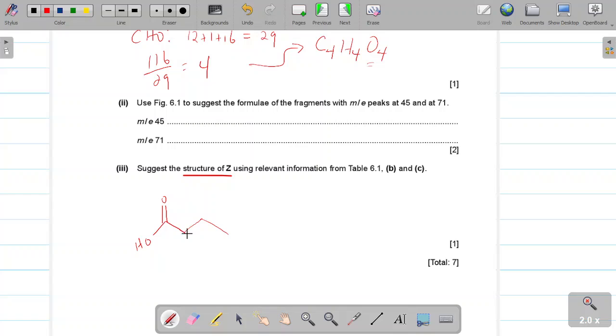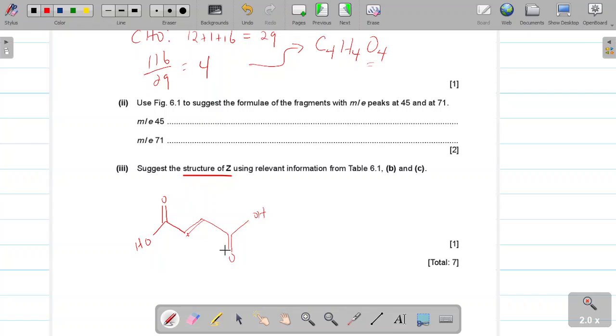So this is 1, 2, 3, 4 carbons, with COOH at each end. This accounts for the C4 and the O4. And because we also have an alkene, the only place where that double bond could go is between carbons 2 and 3. So we can use the reasoning as discussed to deduce the structure as is.